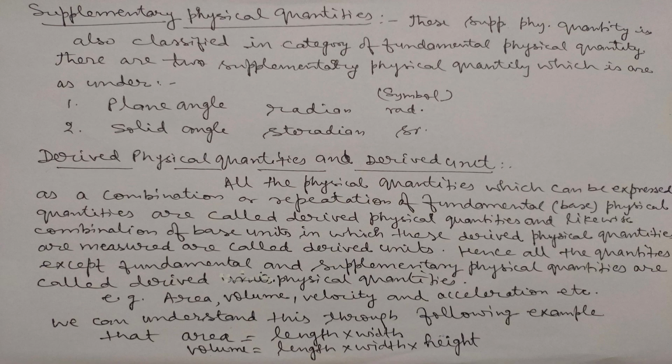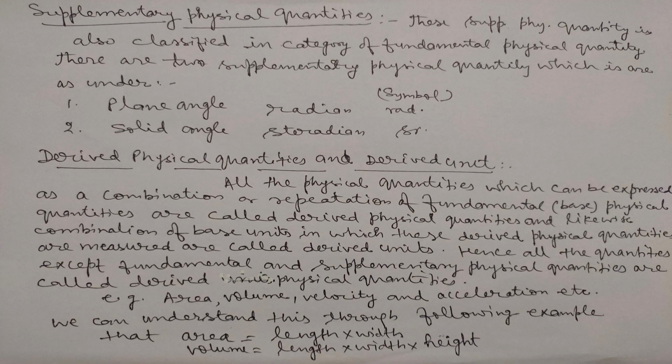All the physical quantities which can be expressed as a combination of the fundamental or base physical quantities are called derived physical quantities, and the combination of the base units in which these are measured are called derived units. Hence all the quantities except the fundamental and the supplementary physical quantities are called derived physical quantities.